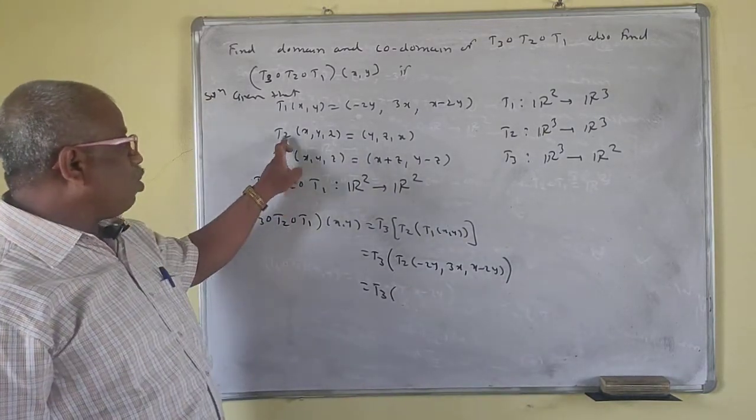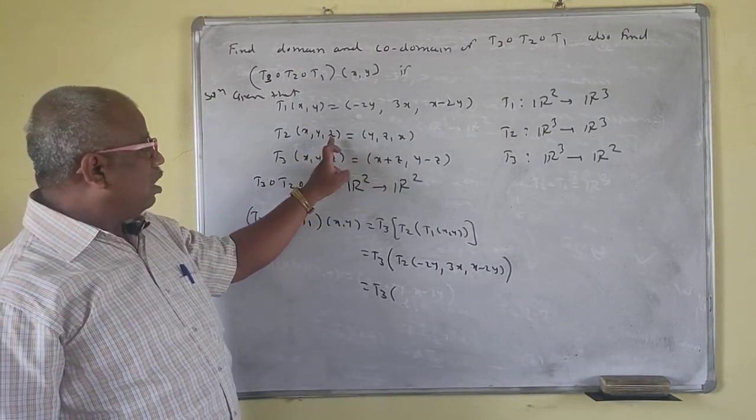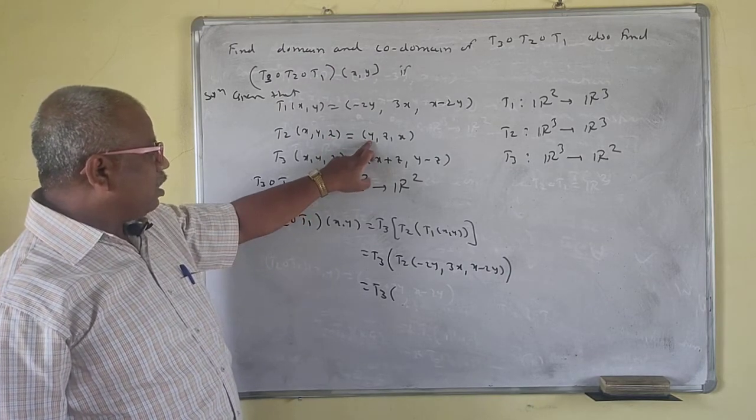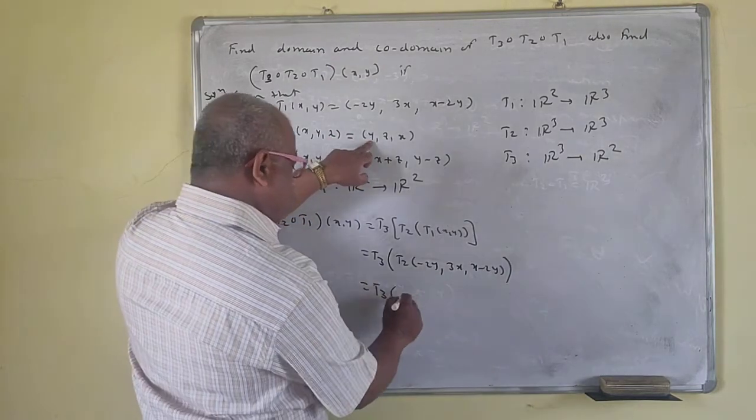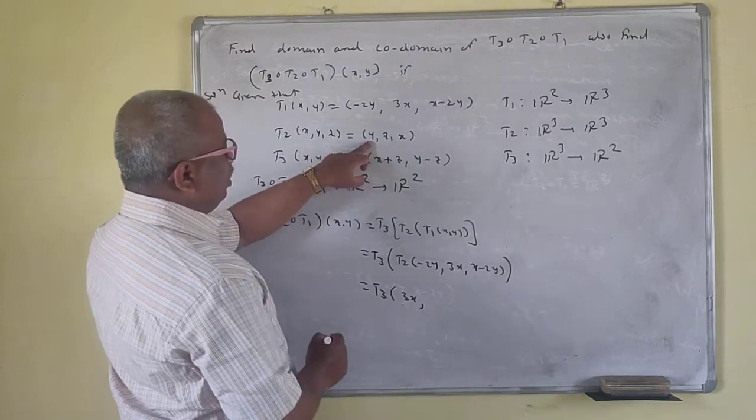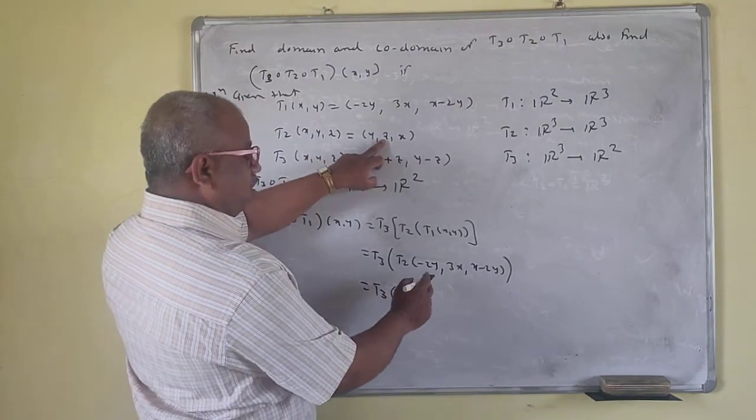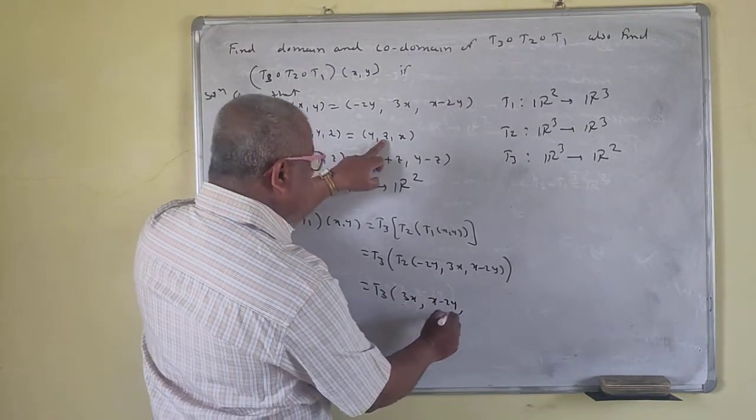Read the formula of T2 of XYZ. Your second coordinate is 3X, the second component. Then your Z is the third component. That means this is X minus twice Y.